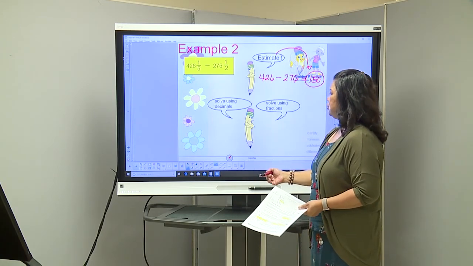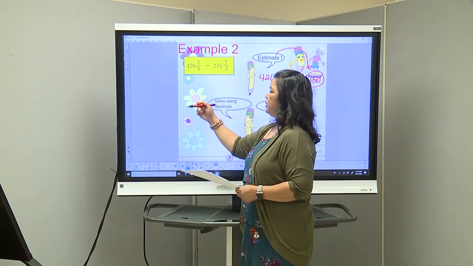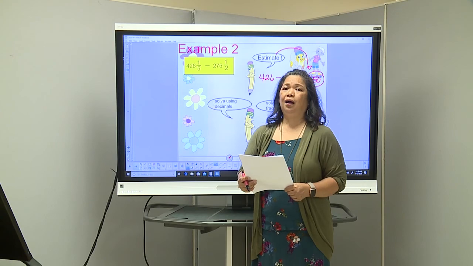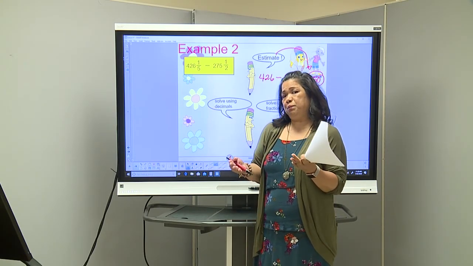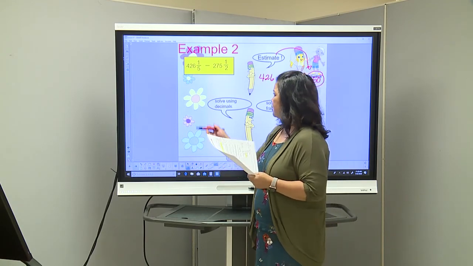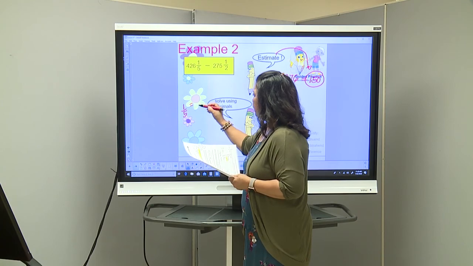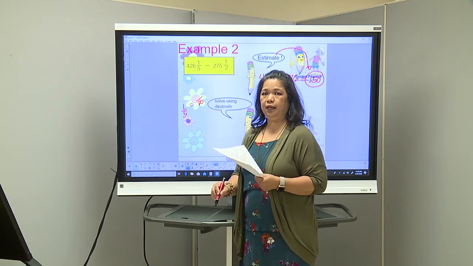So for the actual answer, first we'll use the decimals. 426 and 1/5, what is that in decimal? Okay, that means we convert to make sure that we have a place value like tenths and hundredths. So I'll take that 1/5 and relate that to the tenths place.